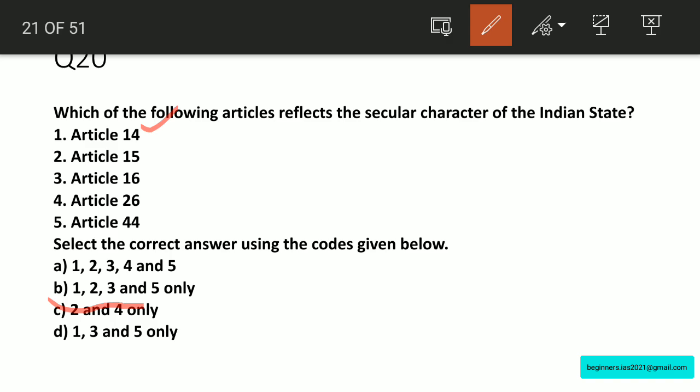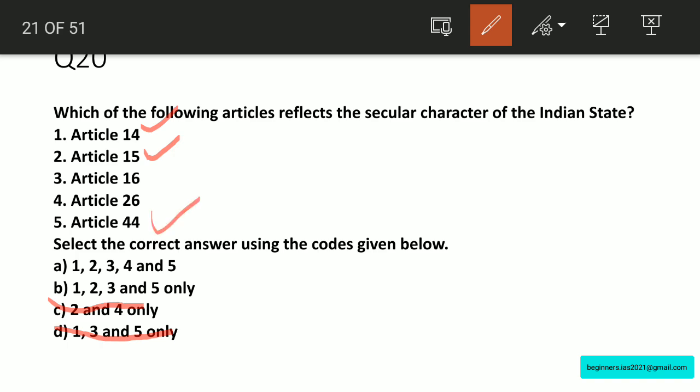If you take Article 15, yes, this is also right. See how it is right. Prohibition of discrimination under Article 15 prevents religious discrimination. Therefore, that is also right. And here 2 is not present, so you can eliminate this also. From A and B, we can identify that 1, 2, 3 and 5 are obviously right.